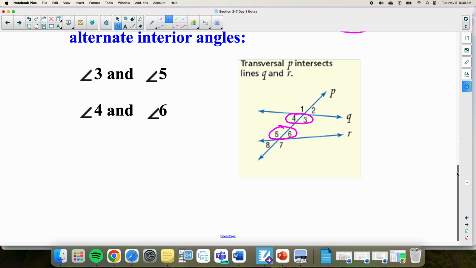So if I want ones that are on opposite sides, do you guys get that I could say 4 and 6, right? They're both inside and they're on opposite sides of this transversal. And then I would have 3 and 5. Is that easy? So they're inside of these two lines and on opposite sides of this transversal, okay?